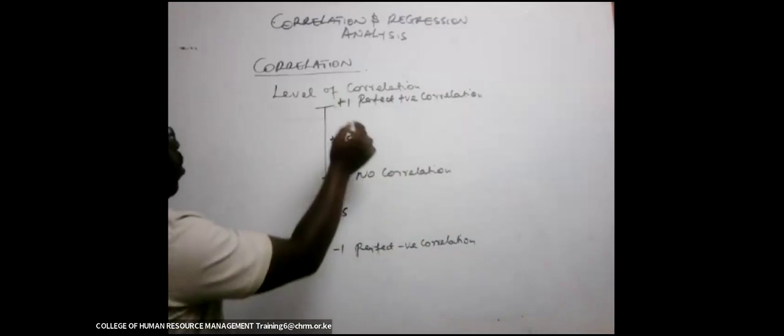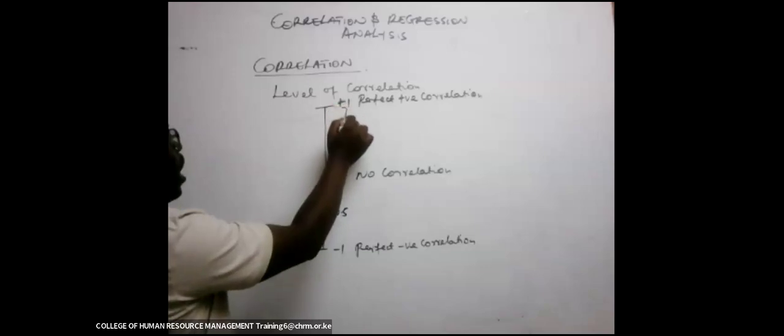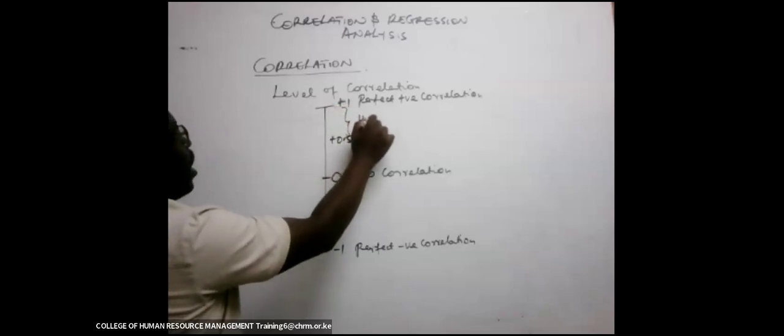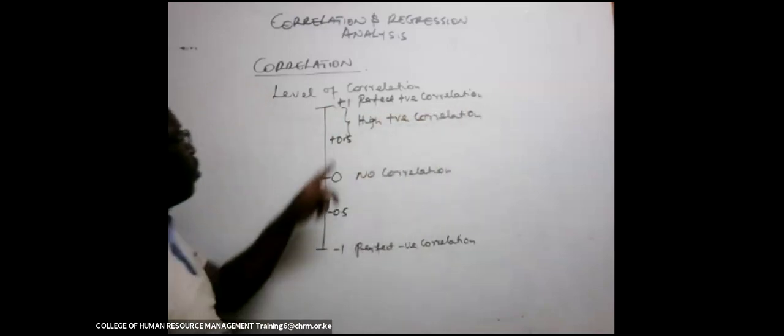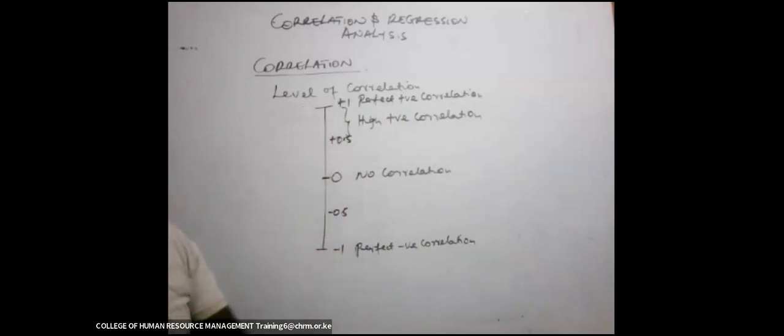So in between +0.5 and +1 is a high positive correlation, for example 0.6, 0.7, 0.75, 0.82. If the value ranges from here, it simply tells you that there is a high positive correlation between the two variables.